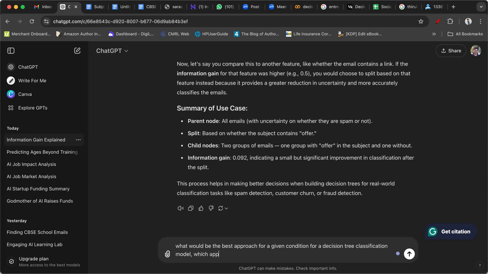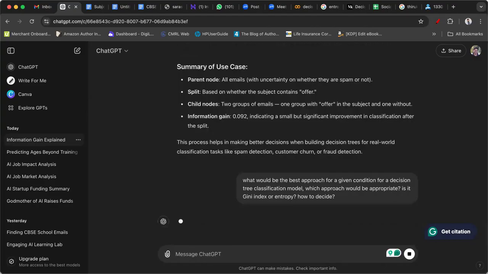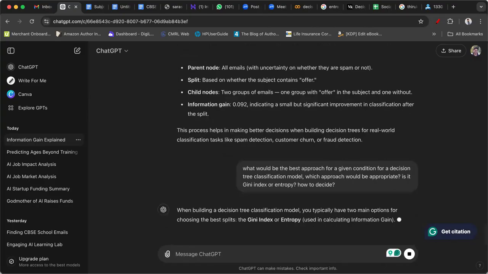Which approach will be appropriate? Is it Gini index or entropy? How could we solve this? I think this is your question, right?